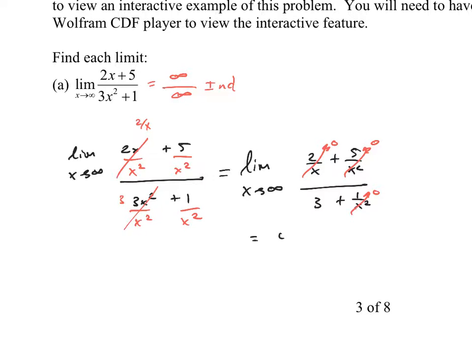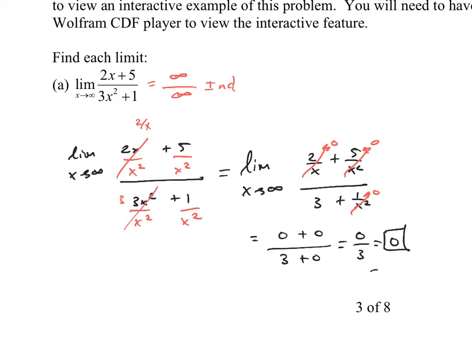So that would be going to 0 plus 0, each one of those terms, over 3 plus 0. Notice I'm not writing the limit anymore because I've actually evaluated the limit. So on top I have a 0, on bottom I have a 3, and that's not undefined. That is the number 0. So what did 2x plus 5 all over 3x squared plus 1 go to as x went to infinity? And the answer is 0.